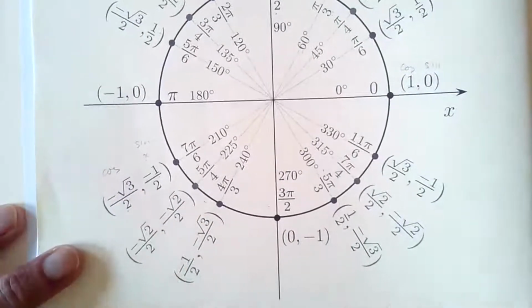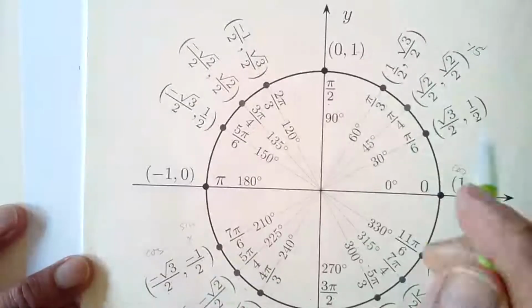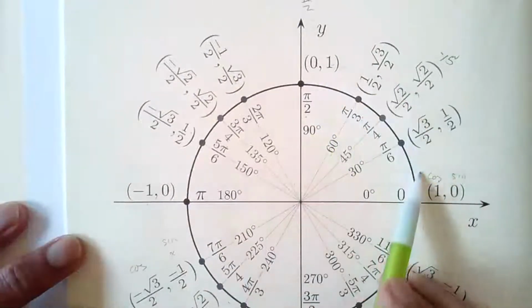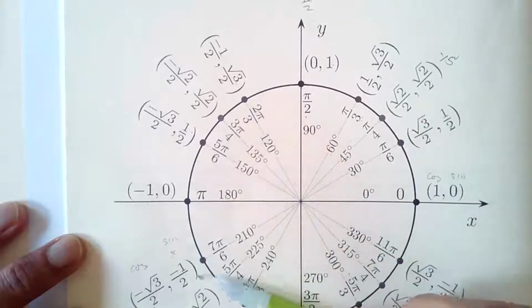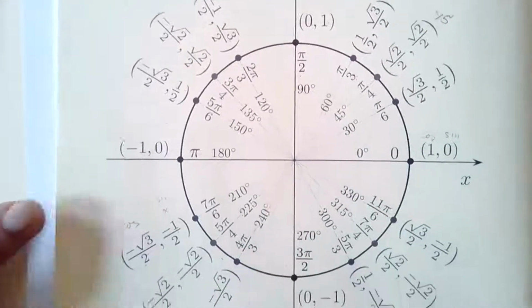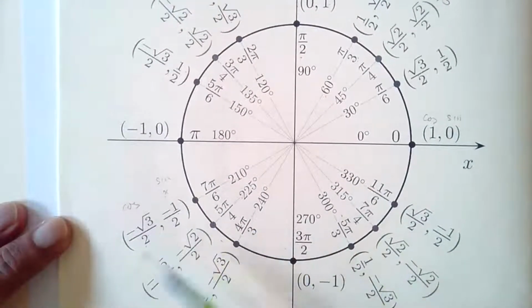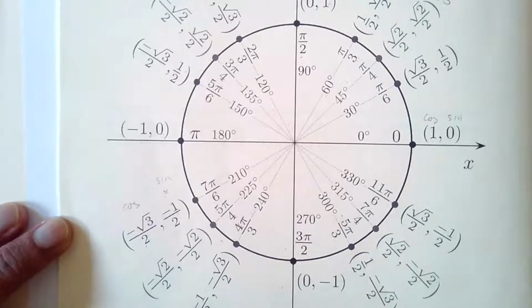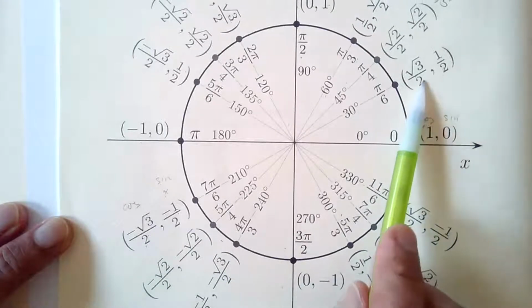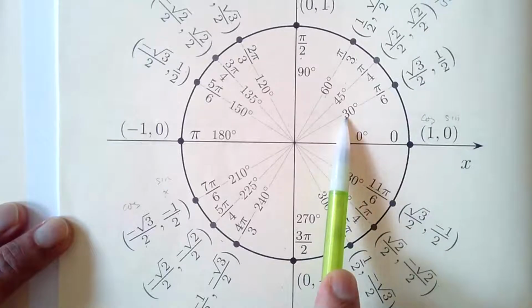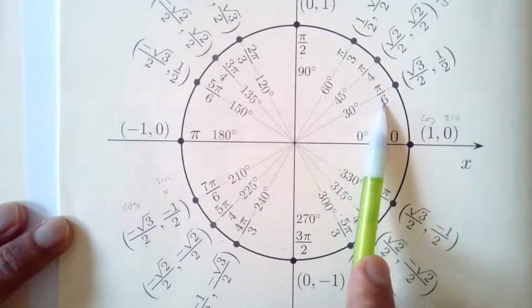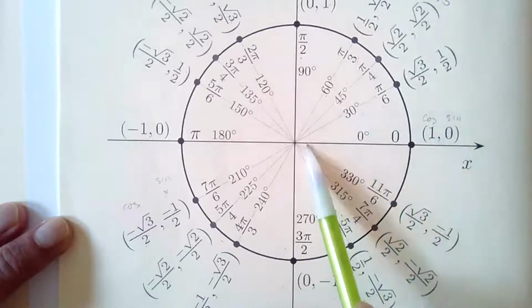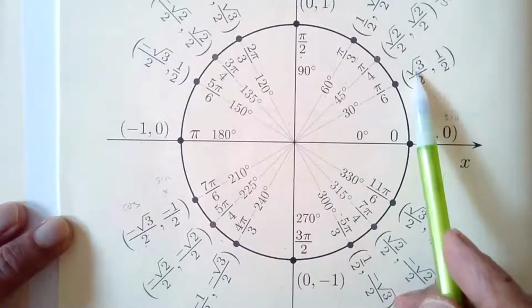By the way, the way to remember this, once you know one quadrant, it's repeated for all the other quadrants, except the sign changes. So it's a repeated pattern, right? So for example, pi over 6, and you find the cos is root 3 over 2.